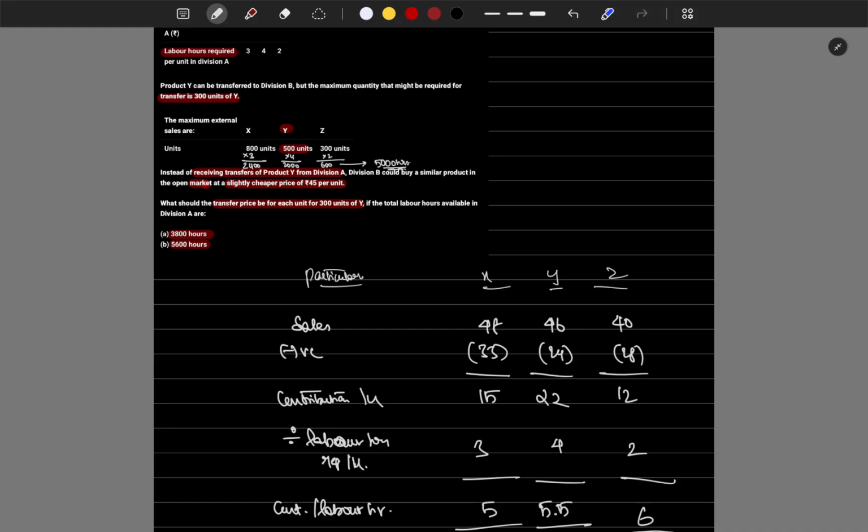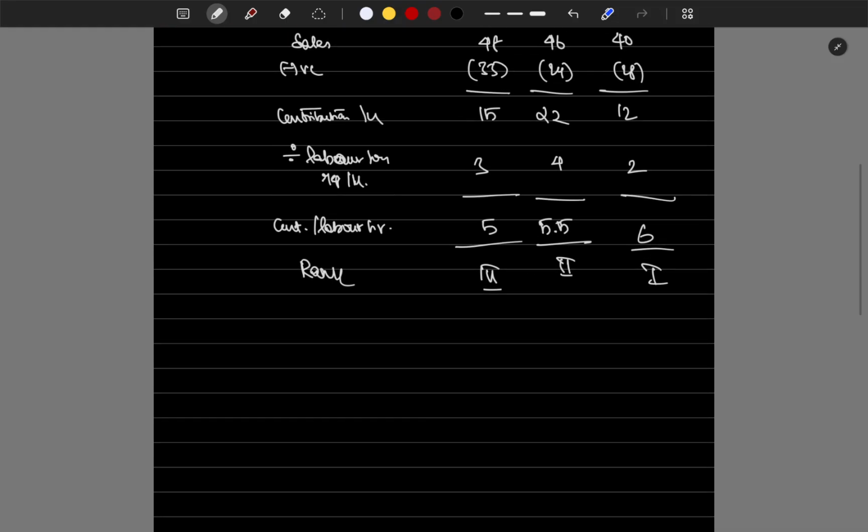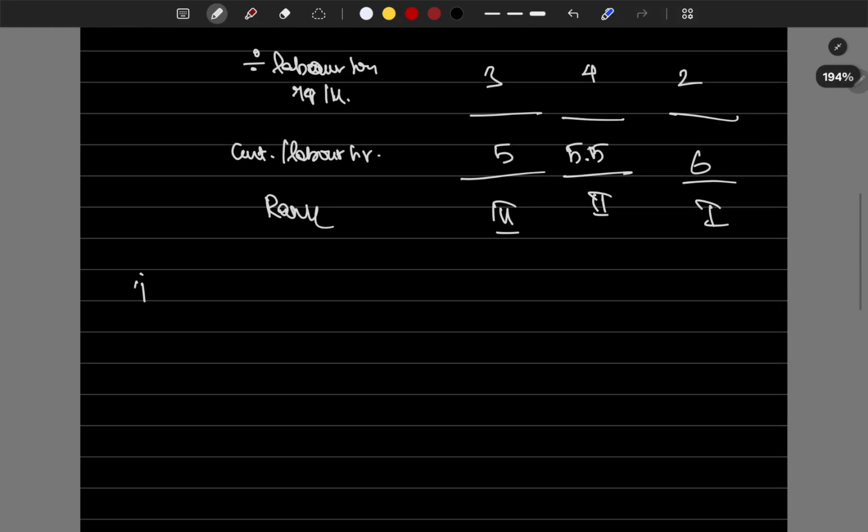Now the first case is case 1. The limited factor is only 3600 hours.